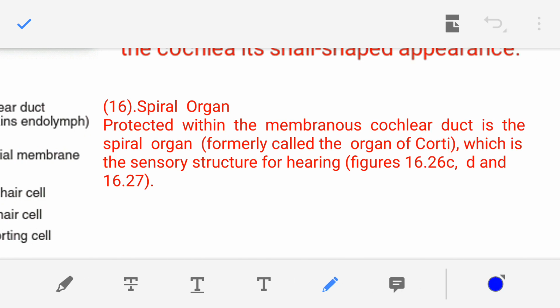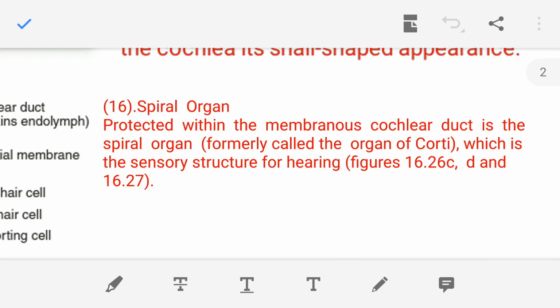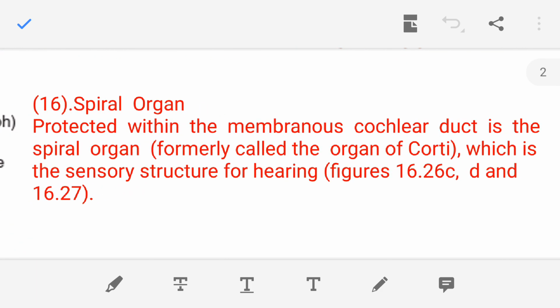What is the spiral organ? Protected within the membranous cochlear duct is the spiral organ. Where is the spiral organ located? Inside the membranous cochlear duct. Formerly, this spiral organ was known as the organ of Corti, but nowadays we know it as the spiral organ.